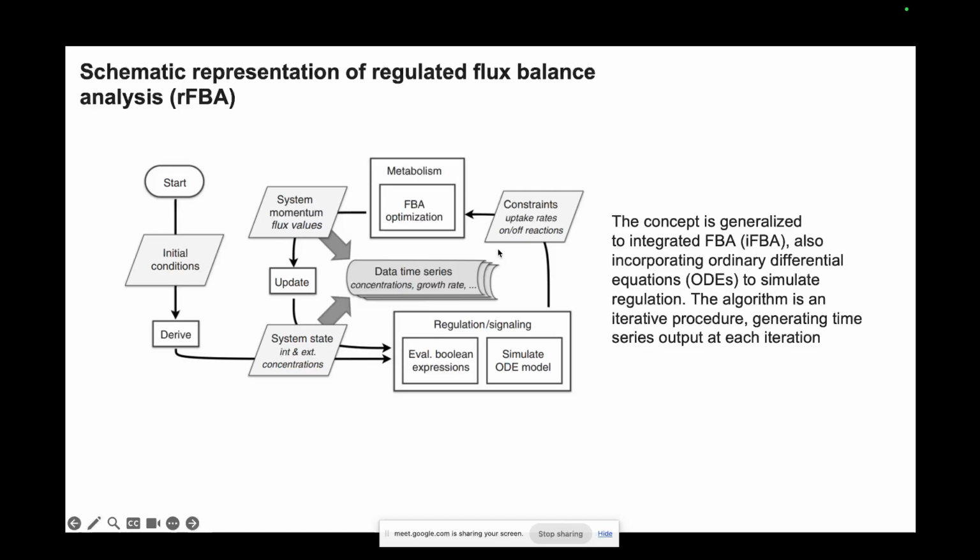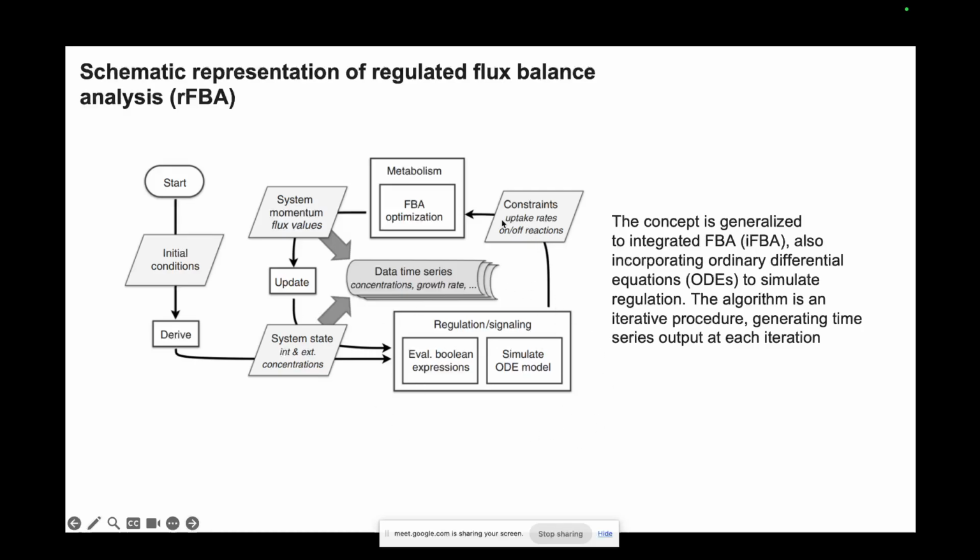The idea is a similar type of iterative loop that we discussed earlier. You start with a set of initial conditions, you derive system states, internal and external concentrations, and then you make the ODE model or the Boolean model.